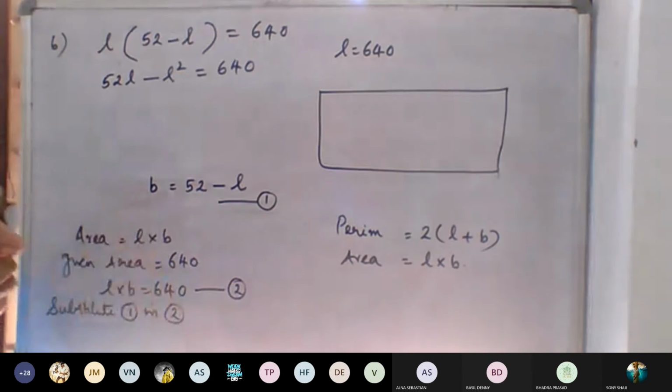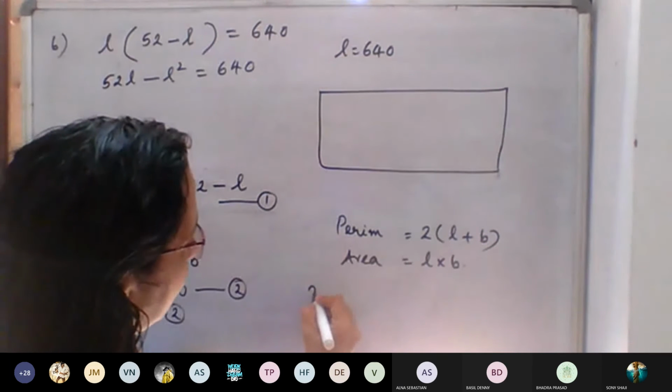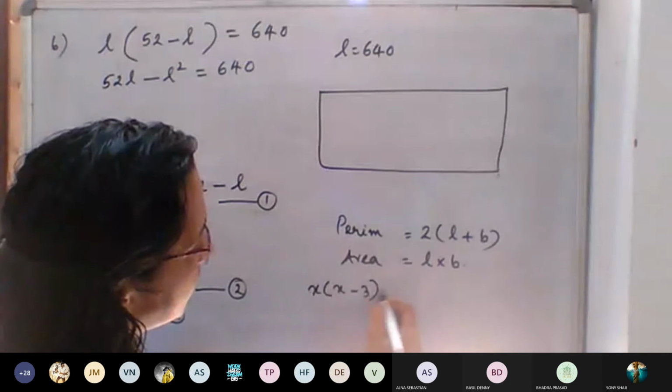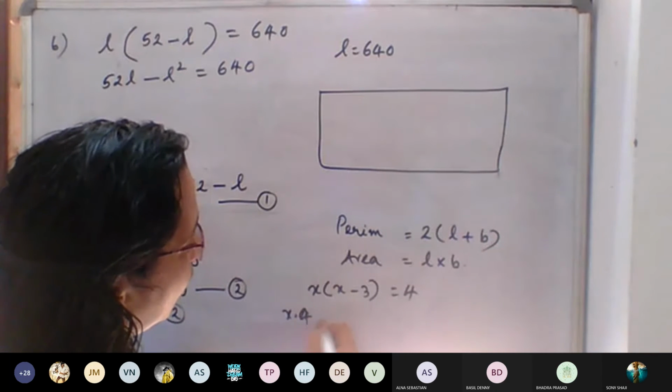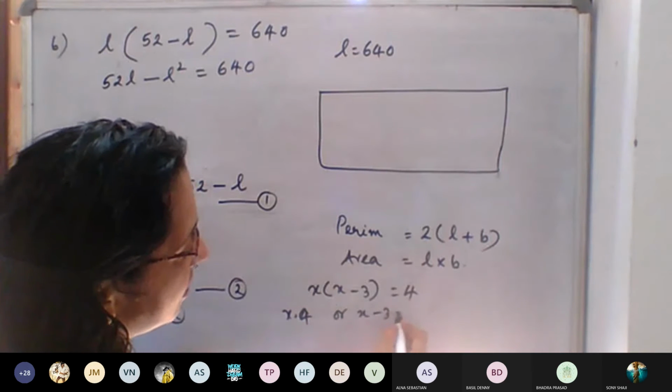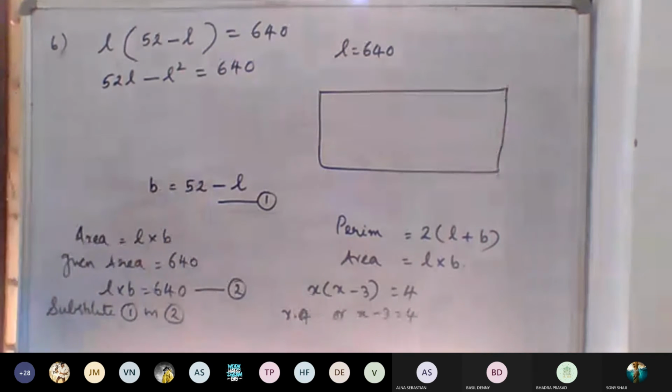Okay, what you are saying is like 2 into x into x minus 3 is equal to 4, that means either x is equal to 4 or x minus 3 is equal to 4. No, we can't do that.